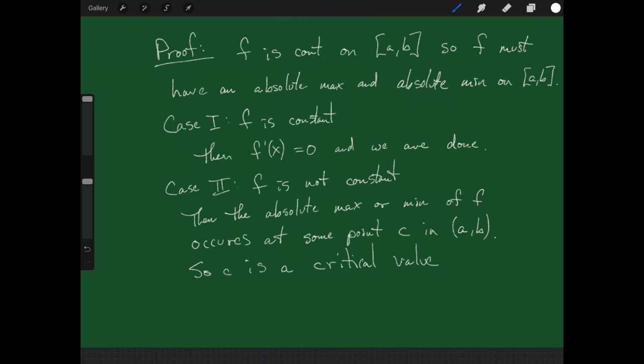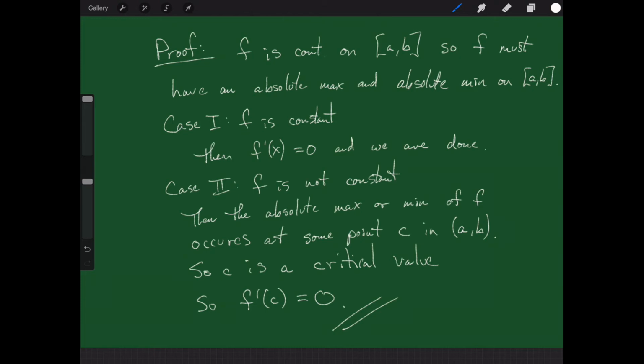And what do we know about critical values? We know that critical values have derivative value of 0. And we know that the critical value doesn't have an undefined slope because we said it was differentiable. So that means that f prime of C is equal to 0. And we're done with our proof.